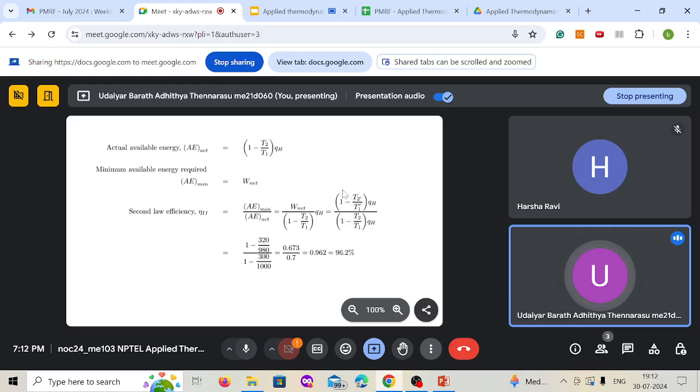Substituting that here for the same heat supplied, this becomes 1 minus 320 by 980 divided by 1 minus 300 by 1000. So it will be 0.63673 by 0.7, which becomes 96.2%.